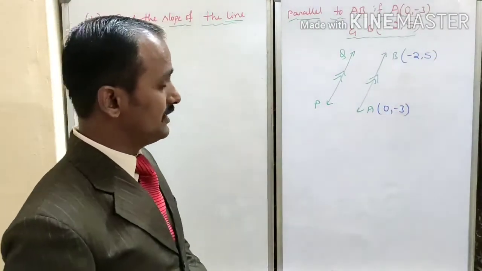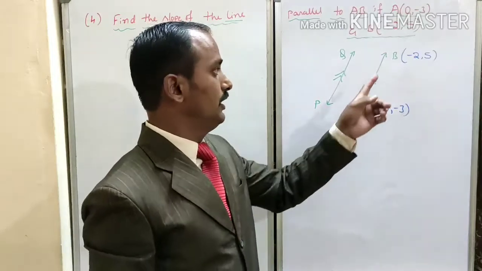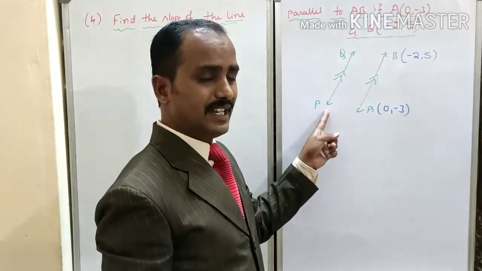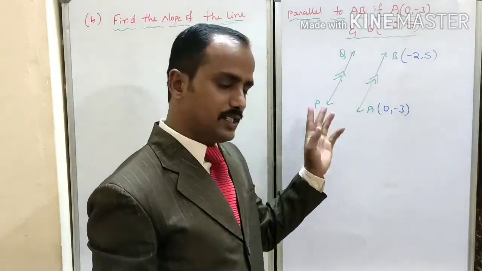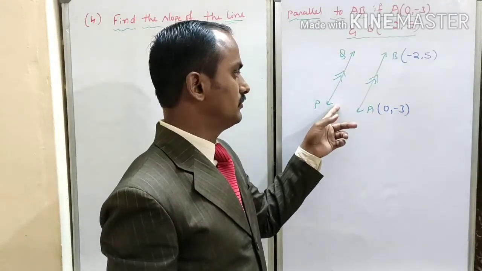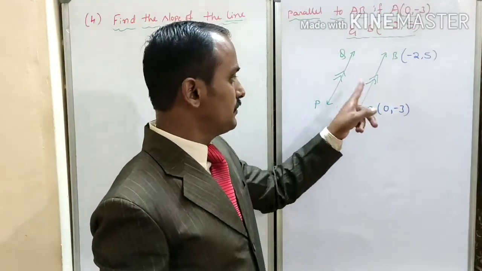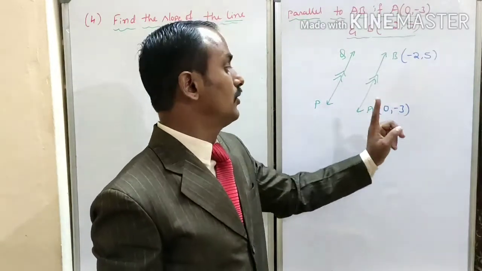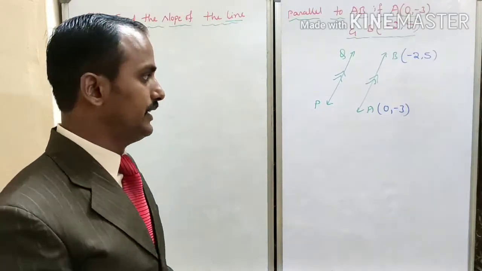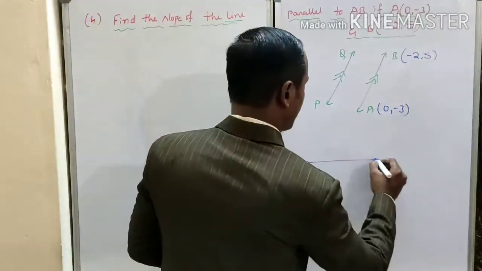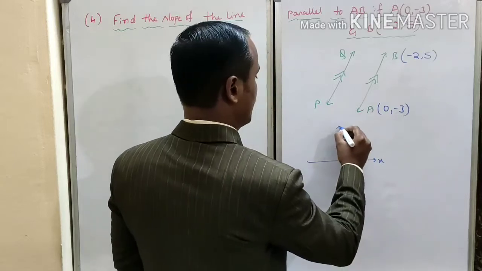How can I find it? For you, confusion will come. Here we want this line's slope, but for this line the inclination is not there, and points are not there. But this line is parallel to another line AB, and that line's 2 coordinates are given, which is very easy. In the last classes I explained this, dear children. Look here at the x-axis and y-axis.